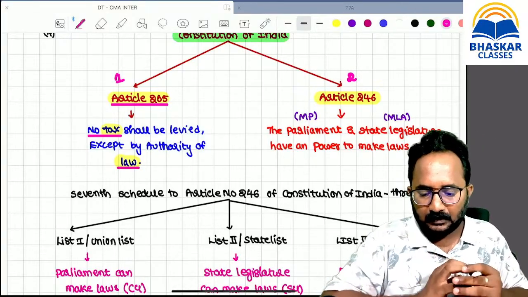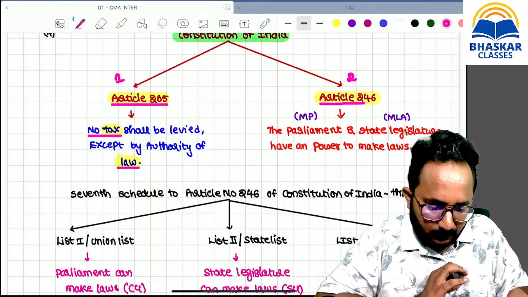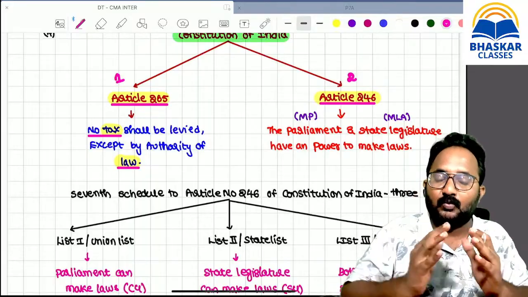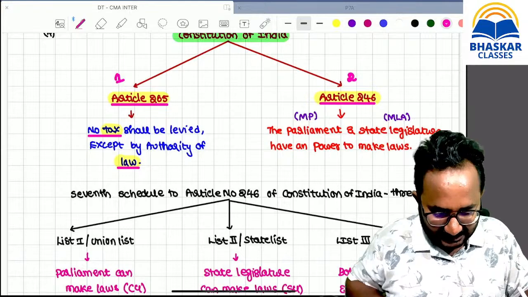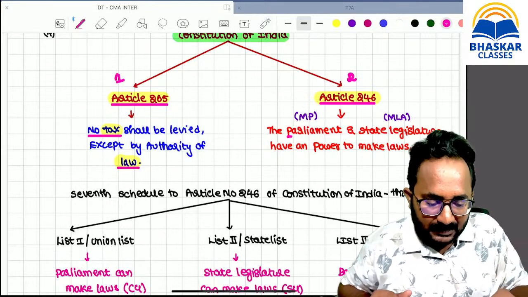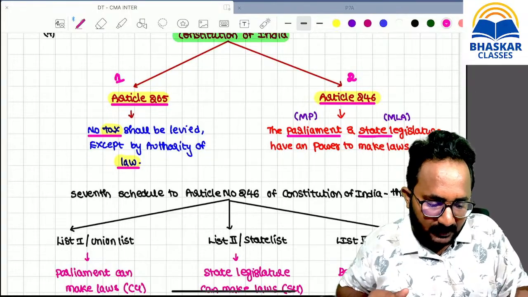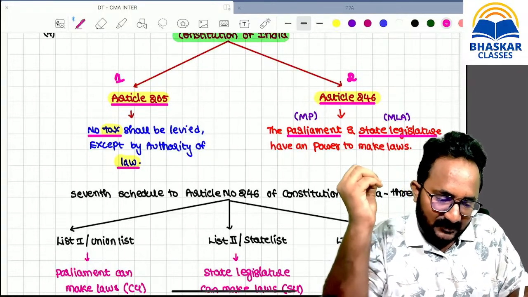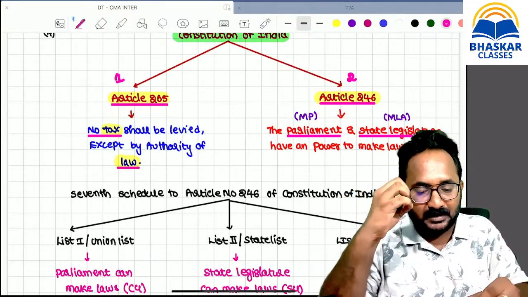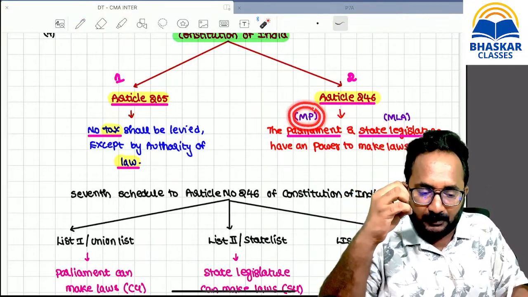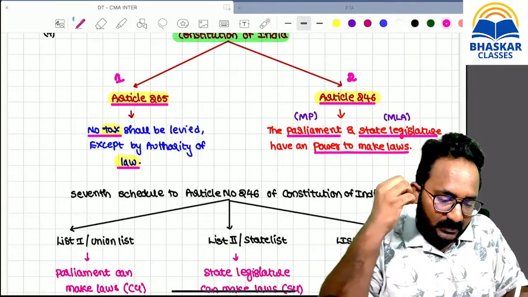Next, sir, how do we frame these laws? That's why we take one more article number, 246. Article 246 says that Parliament or the state legislature, meaning MPs in Parliament and MLAs in the assembly, so both the central government and the state government, have the power to make laws.